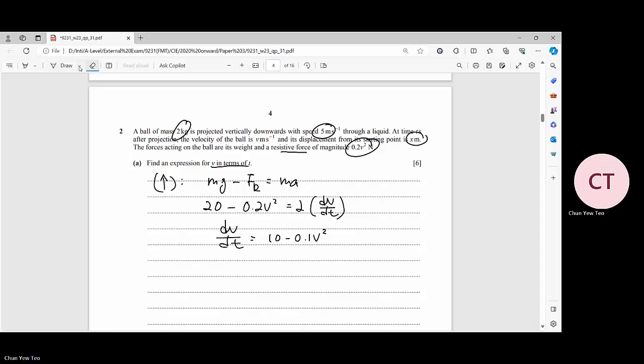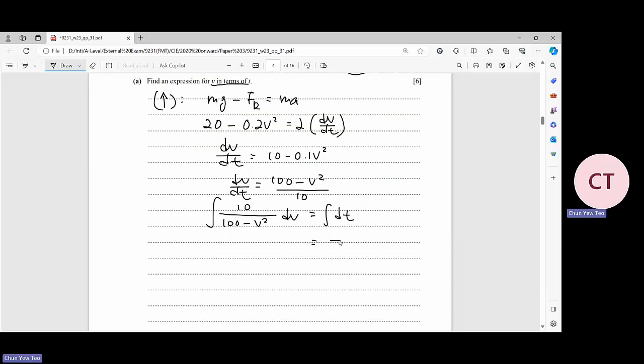Okay. Then by applying the so-called separable variables, I prefer not to involve decimals, so I make it become fractions. Then I will have 10 divided by 100 minus v squared dv integrated equals integrate dt.